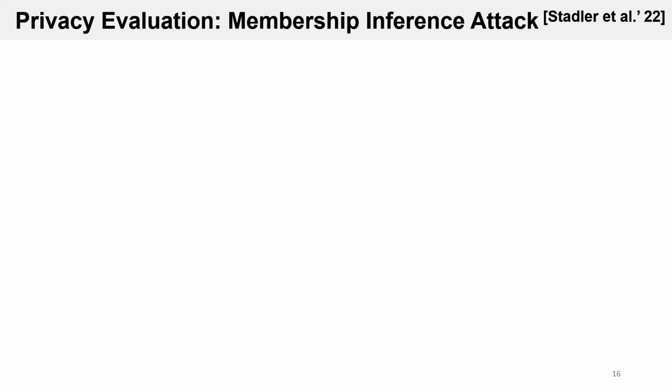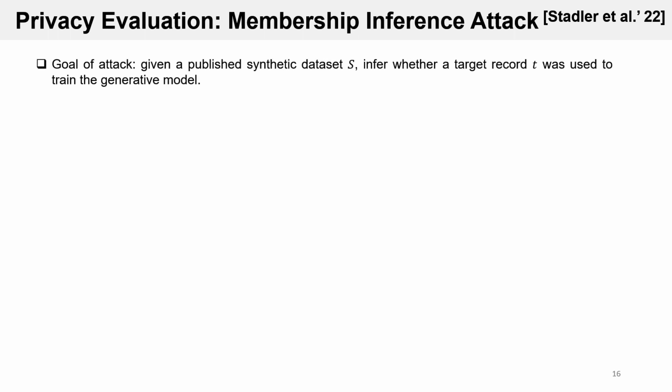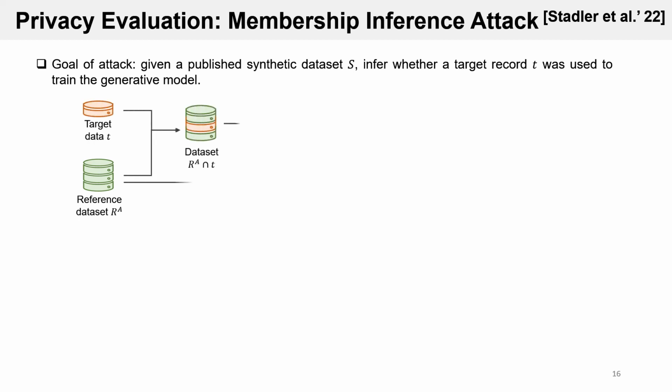We follow the attack proposed by Stadler et al., where a privacy adversary aims to use a published synthetic dataset to infer whether a target record was used to train the generative model. To perform the attack, it is assumed that the adversary has a reference dataset, which shares the same distribution as real data. The adversary respectively trains a pair of generative models, J-in and J-out, using the reference dataset with and without a target record.